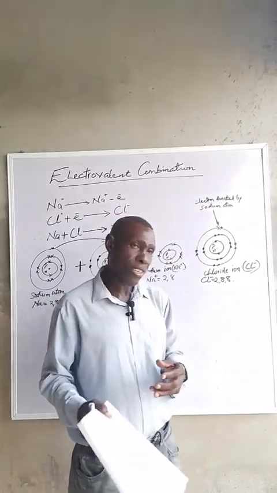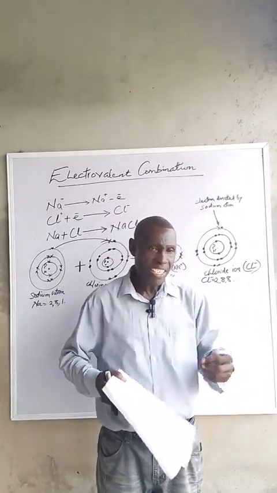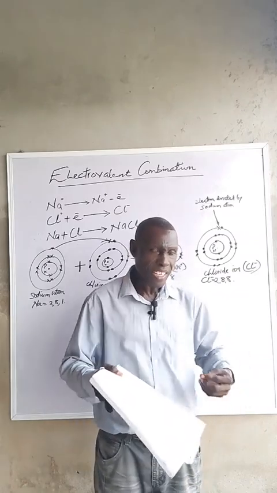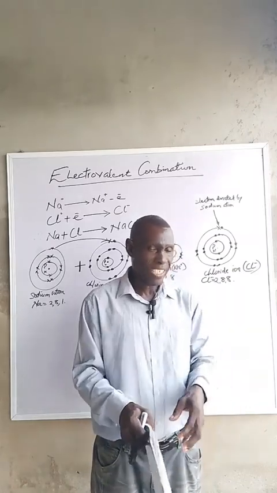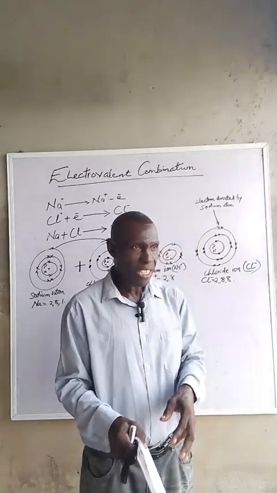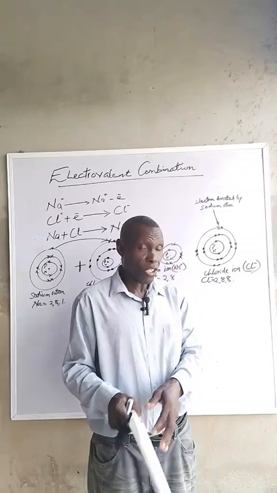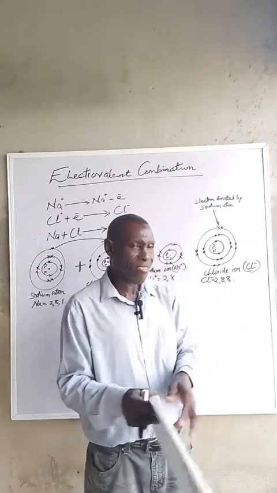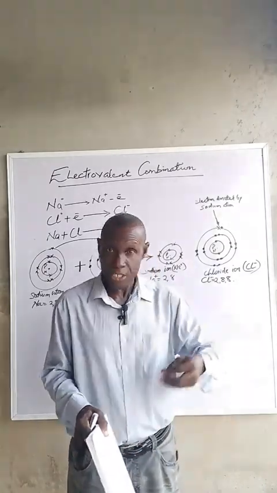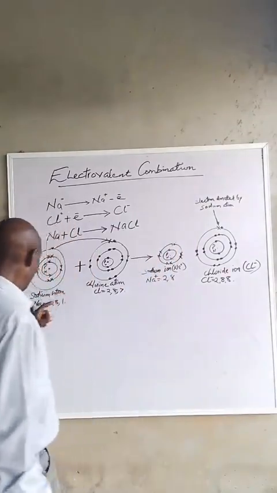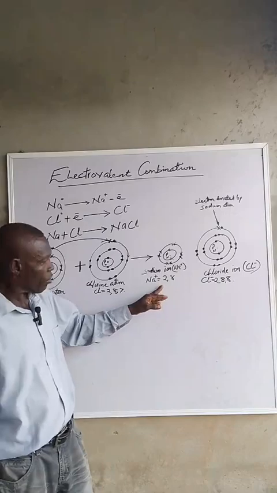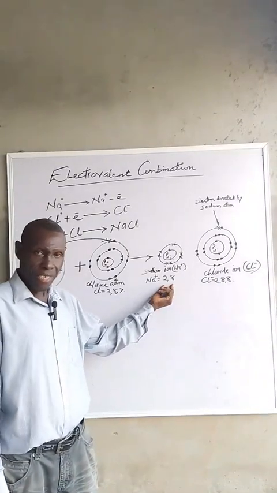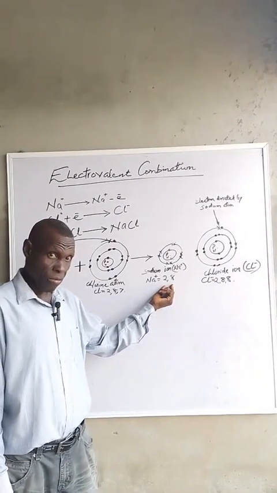Now, I told you that every element has a tendency to become like group 0, which is the octet, to become inert, because that state is undisturbed. But they cannot achieve that naturally unless by combination. Now, by this, sodium, having lost one electron, is now 10. It has attained the state of what? Neon.